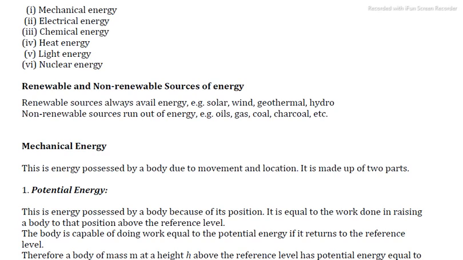To start with the renewable, these are sources that are readily available. For instance, the sun. From the sun we get solar energy, which is converted to other useful forms, because the solar can be converted to electrical, which is also converted to light, heat, among others.